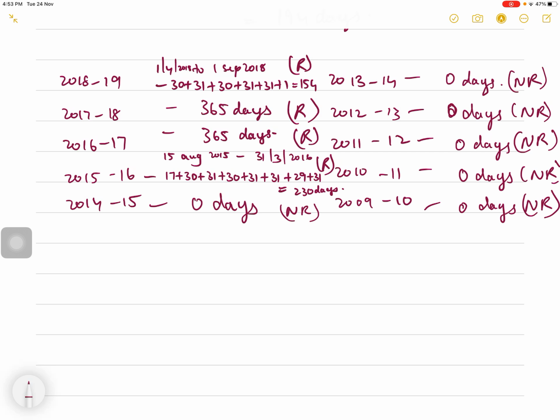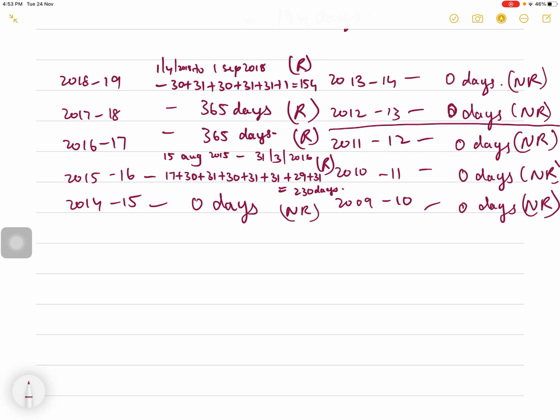So out of 10 years, 4 years he was resident. That means he satisfies the first additional condition. Now the second additional condition: number of days of stay in India during 7 years preceding the previous year. So 7 years preceding the previous year is from 2012-13 to 2018-19.